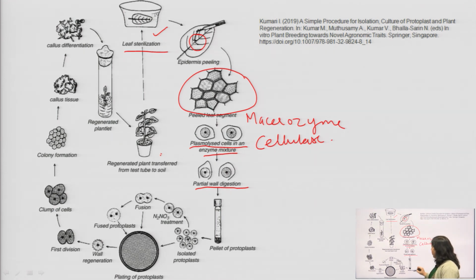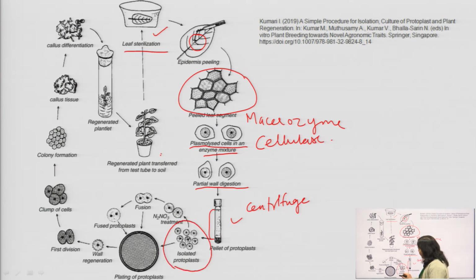After this, the whole mixture was centrifuged at a very high speed, so that the cell wall debris settles down, while the protoplasts remain in the upper layer, dispersed in the liquid medium. After centrifugation, the protoplasts obtained were isolated from here.